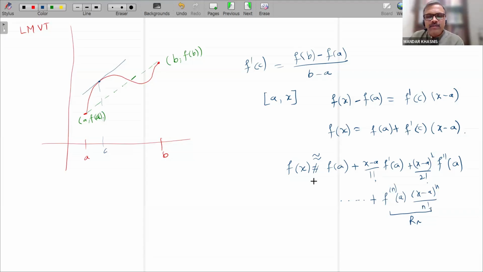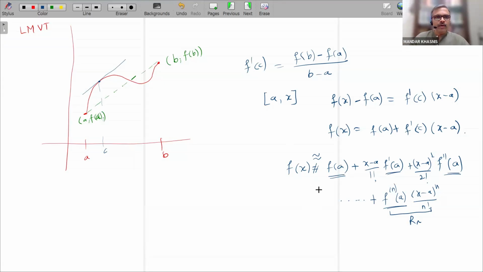Practically people use this for retrieving function values at points which are very close to a. So knowing only these values, we can obtain the value of the function at any other point near a. That's the main use of Taylor's theorem.